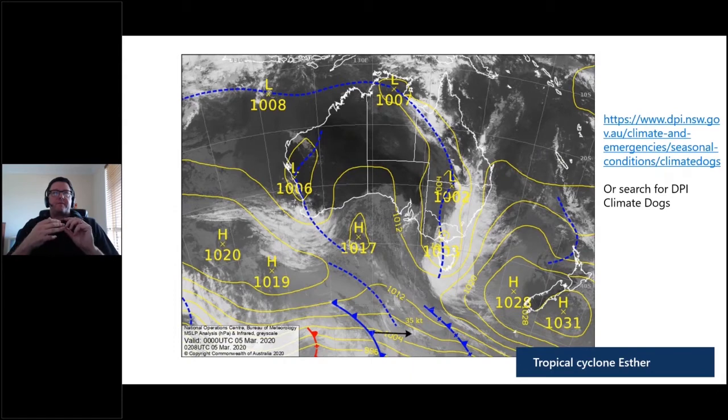What really happened late last year and into March is that we had a very strong Indian Ocean dipole event that was really influencing and driving our drought. We had a very weak, almost non-existent ENSO.